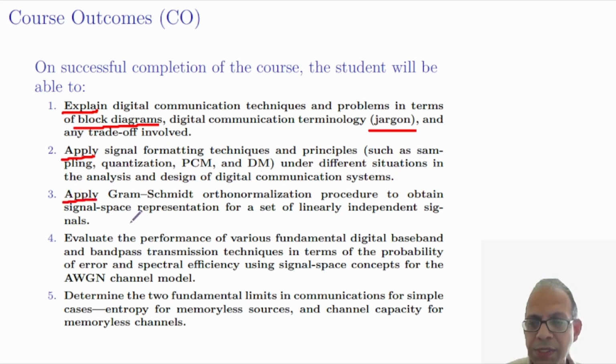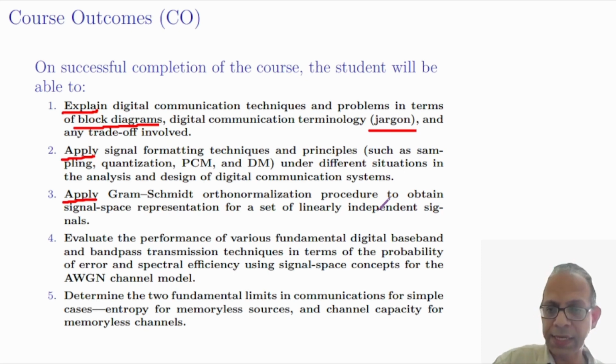The third course outcome is to apply the Gram-Schmidt orthonormalization procedure to obtain signal space representation for a set of linearly independent signals. As we proceed in this course, we will see that there is a very good analogy between signals and vectors, and using that analogy, we can develop a procedure to represent symbols in the form of signal space representation or constellation diagrams.